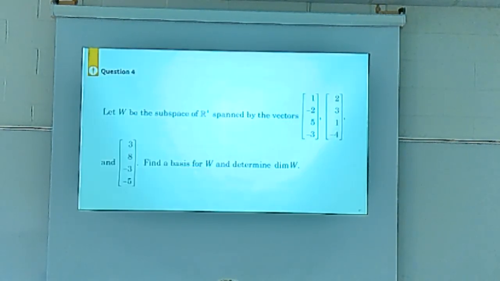Right, because W is the set spanned by those 3 vectors. And so either they're already linearly independent, in which case we have our basis, or they're not. In which case we have to eliminate one or more vectors to form our basis.